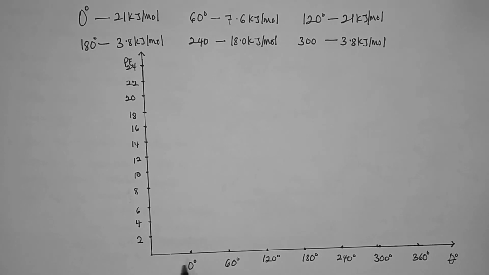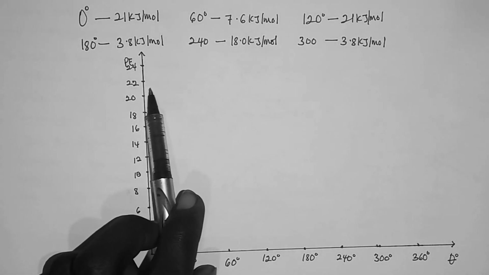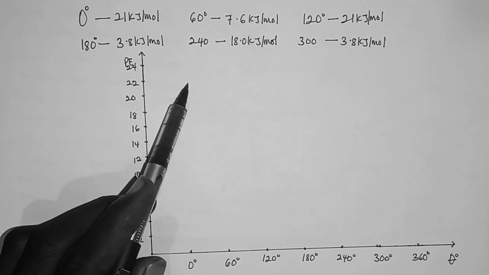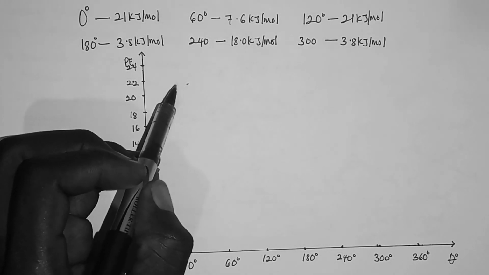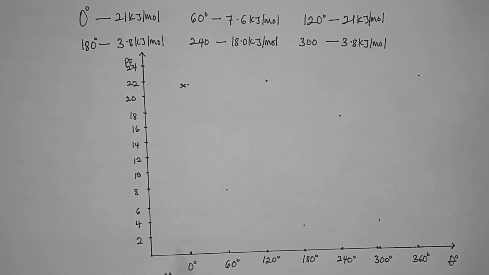So now, 0 degrees is 21 kilojoules per mole. So this is 20. 21 is somewhere here. So if we match them, you see that the 0 degrees will be somewhere here. And let's plot the 60 degrees angle too. The 60 degrees corresponds to 7.6.